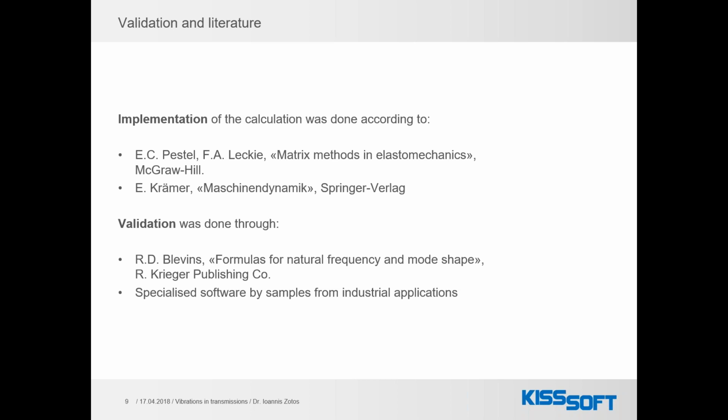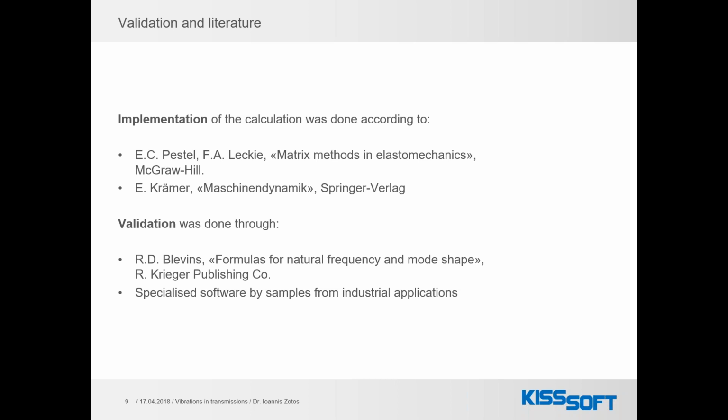You can also see this Machine Dynamics book of Kramer. Regarding validation, some parts of the validation were done in a very early stage using very simple models through textbook cases using this book of Blevins.